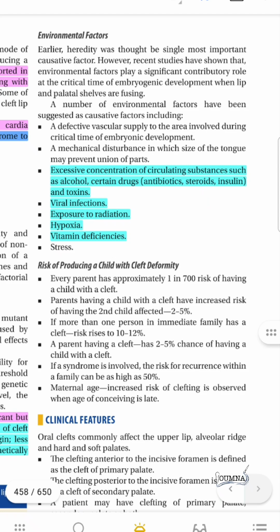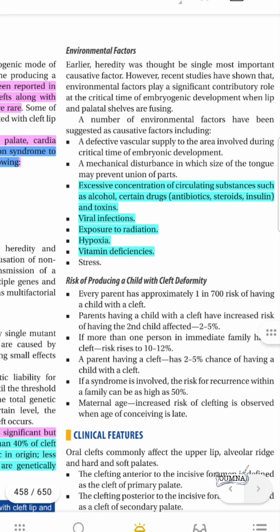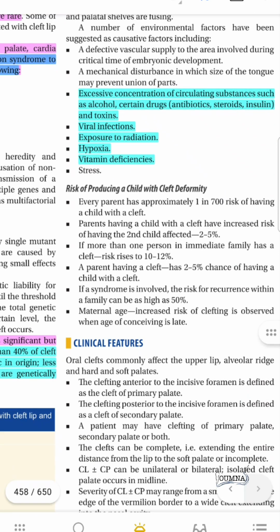What are the environmental factors, in association with heredity, that can affect the formation of the cleft lip and palate? During pregnancy, an excessive concentration of circulatory substances such as alcohol or certain drugs like antibiotics, steroids, or insulin may affect this.